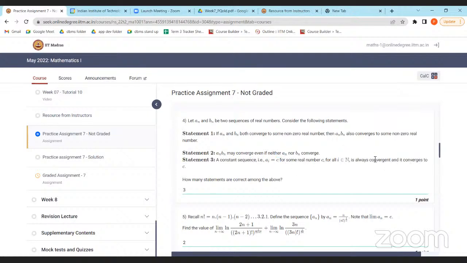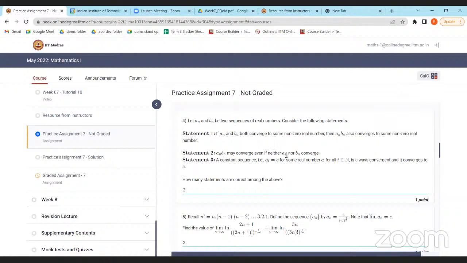But I was confused in statement number 2, when they said an bn may converge even if neither an nor bn converge. So how is that working? Yeah.